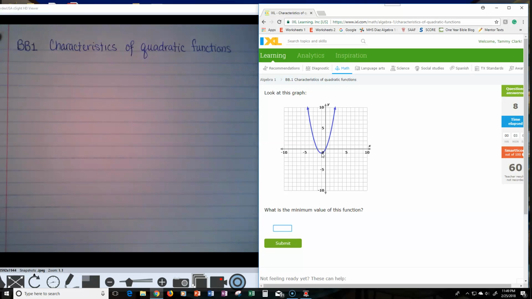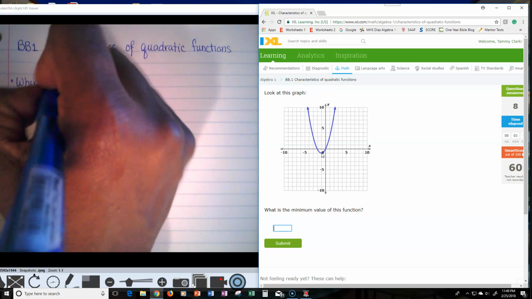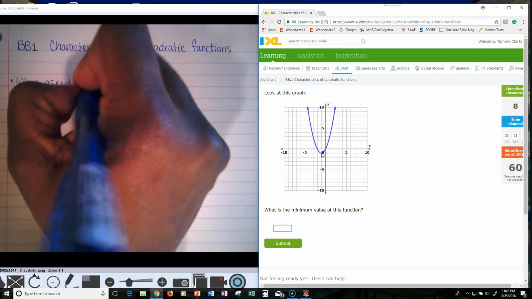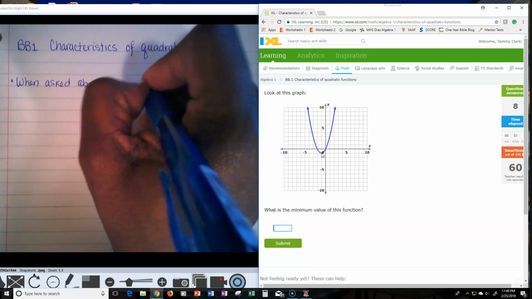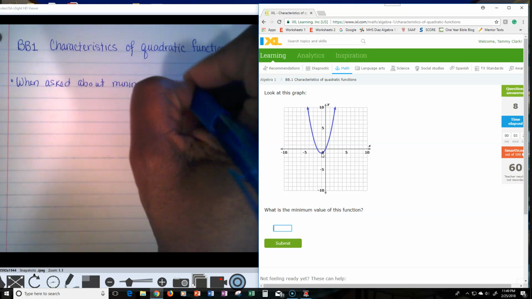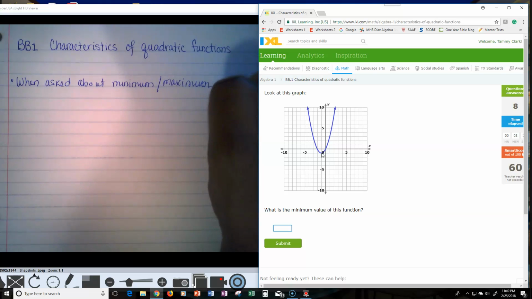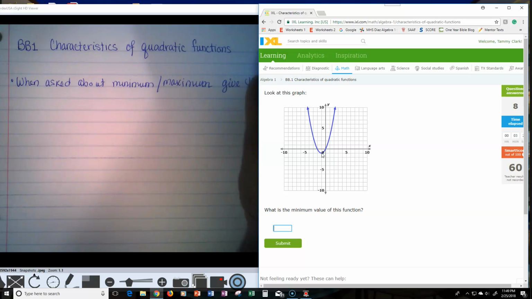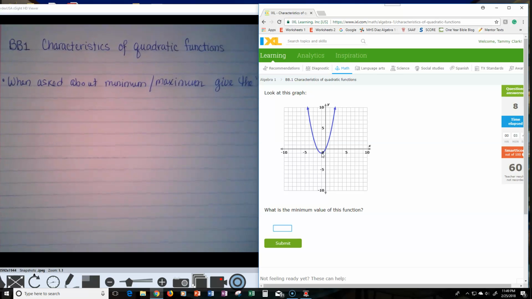When asked about minimum or maximum, you're going to give the y value. Because remember, the y value has to do with the range. And minimum has to do with low. Maximum has to do with high, which is also talking about range.